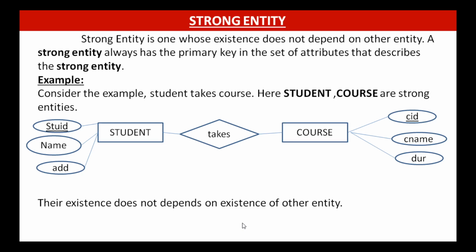The rule is that every table or every entity should have a primary key to identify each and every entity instance uniquely.